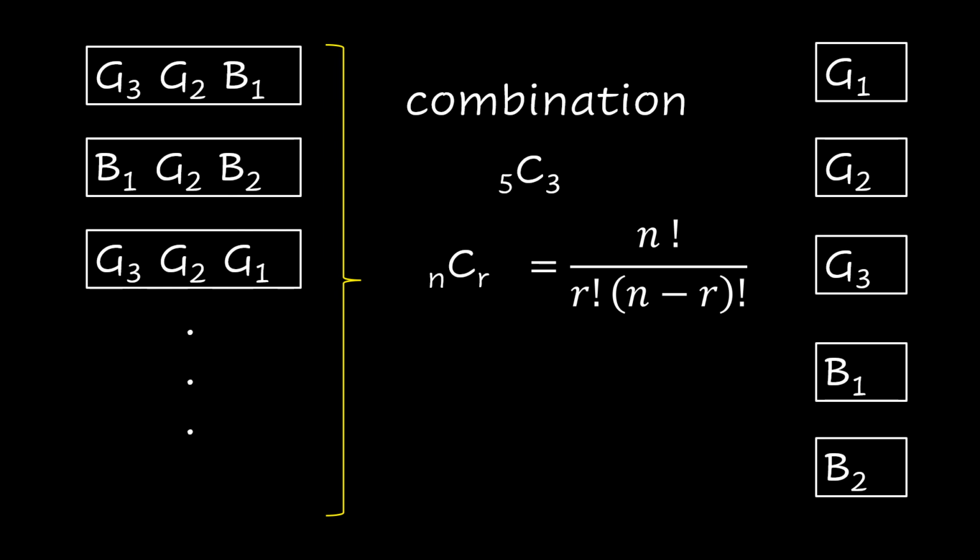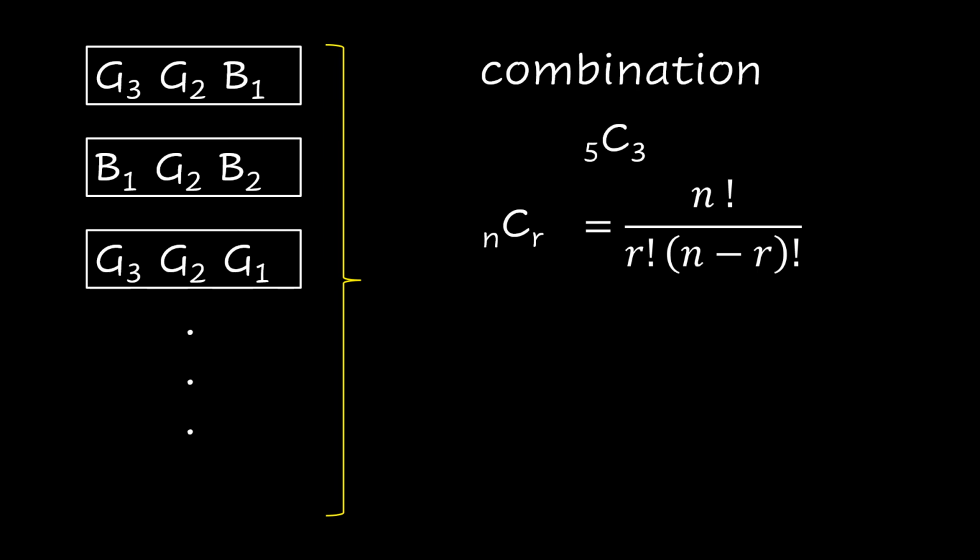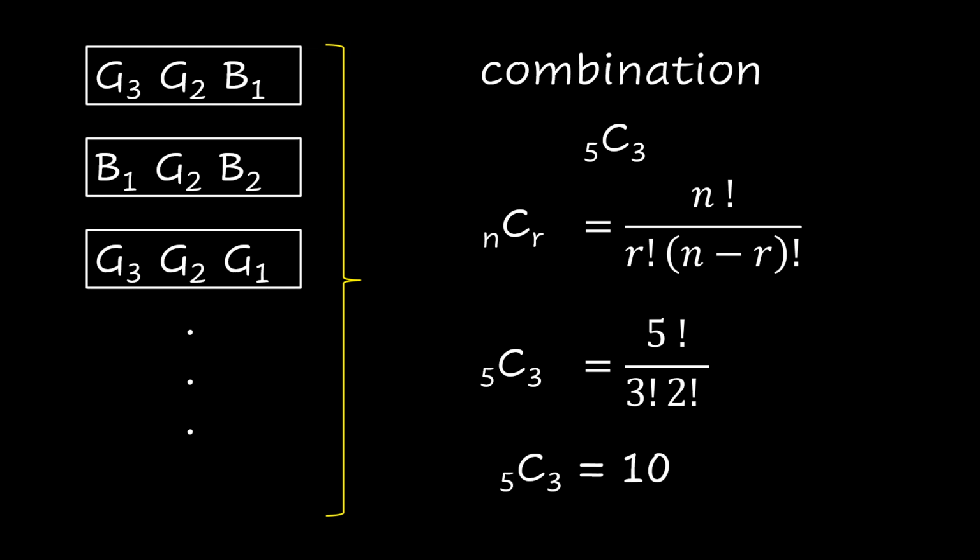Our n, of course, is 5 and our r is 3. So we are going to compute 5 combination 3. So we are going to say 5 factorial divided by 3 factorial times 2 factorial. If you compute this, your final answer should be 10. There are only 10 possible combinations of 3 students coming from 5 students.